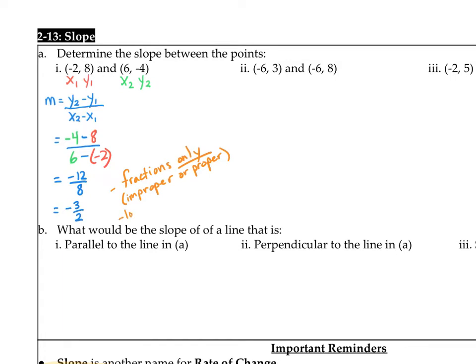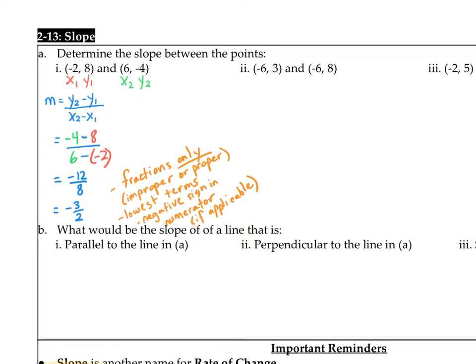Needs to be in lowest terms. And your negative sign must be in the numerator, if there is one. So that would be your answer, negative 3 over 2.